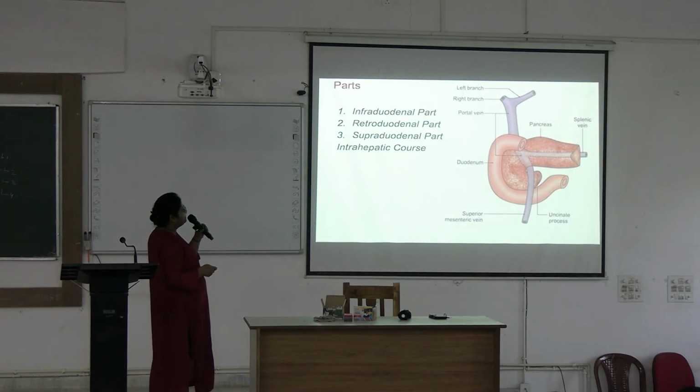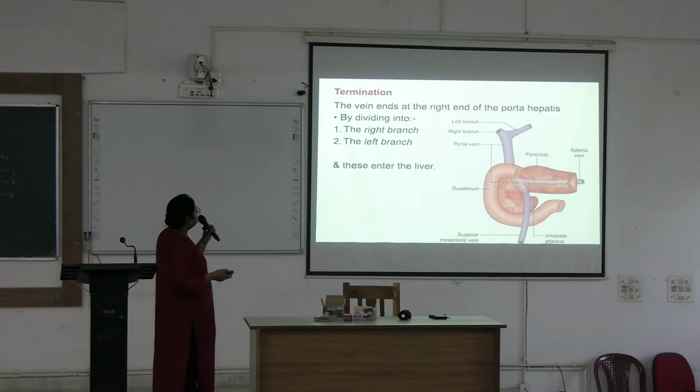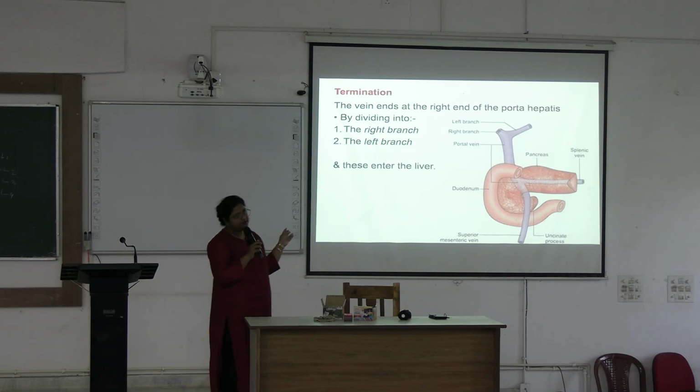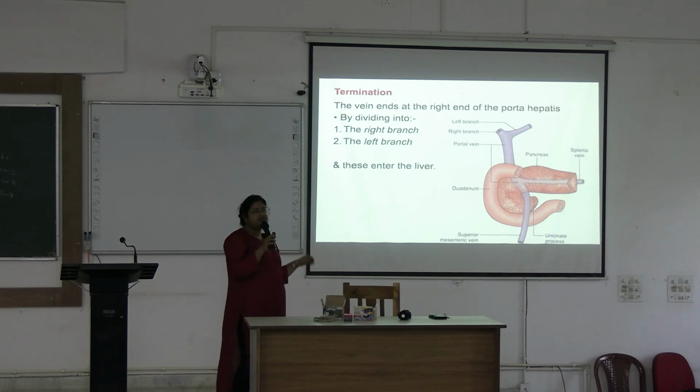So these are the parts of the portal vein. This is extrahepatic course. It has infraduodenal part, retroduodenal part, supraduodenal part, and it has intrahepatic course. Okay. Now how it terminates. So for portal vein, you have to know where it begins, its course, and the termination and the relations. Okay.